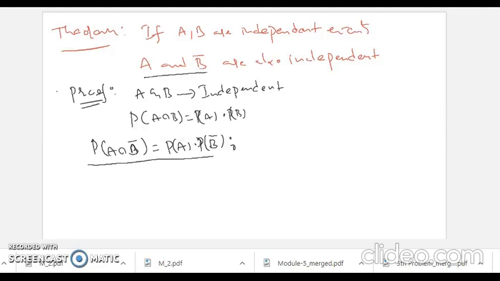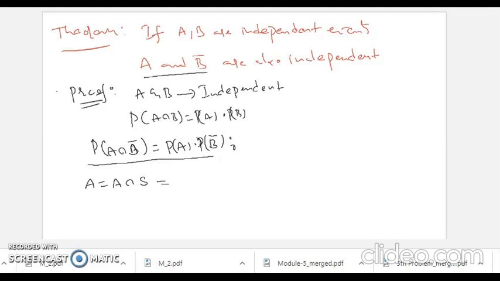Okay. So for that we take some set notation. We know that A is equal to A intersection S, where S is the universal set, the sample space.